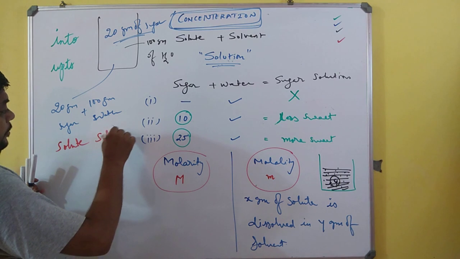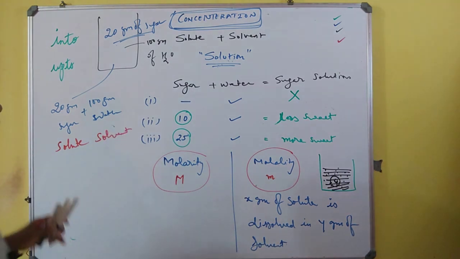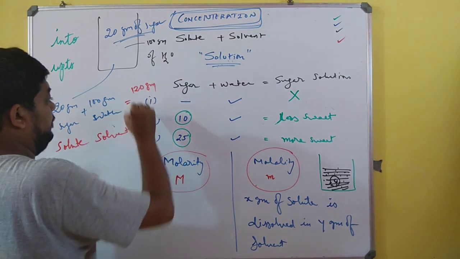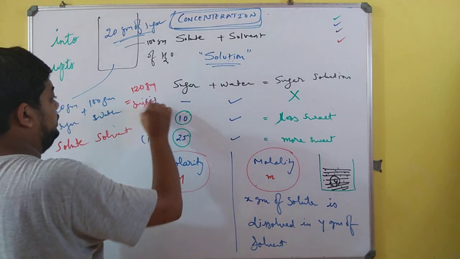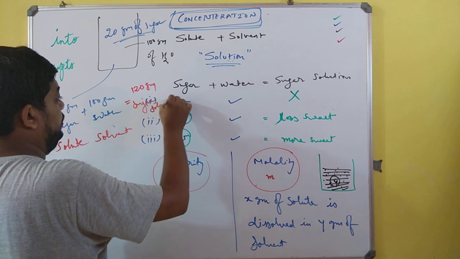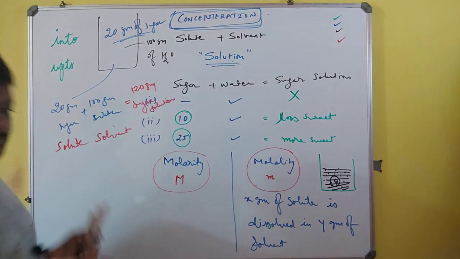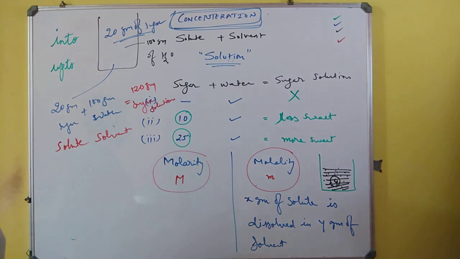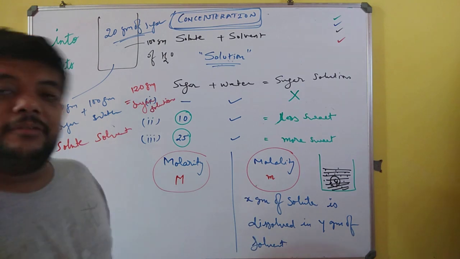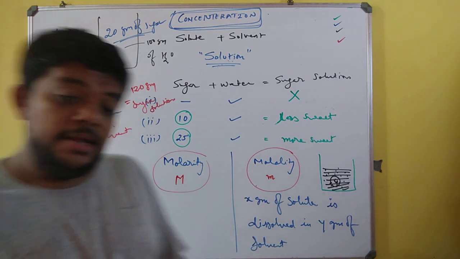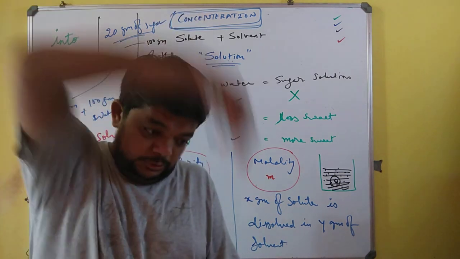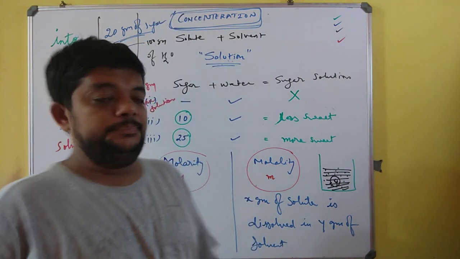This water is now referred to as solvent, and this total 120 gram is referred to as sugar solution, where we add all these things. So this is important. This is where we start from. So remember this concept very well.